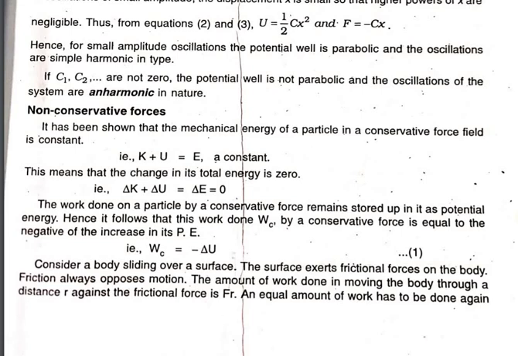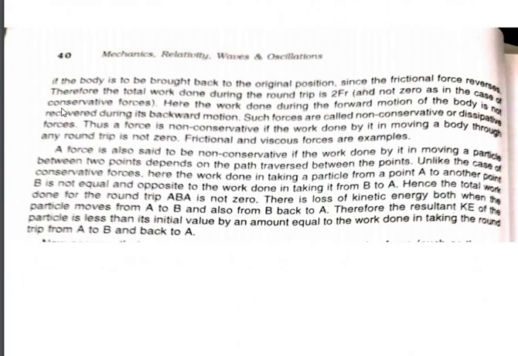In that case, an equal amount of work has to be done if the body is to be brought back to its original position, since the frictional force reverses. Therefore the total work done during the round trip is 2Fr. It is not equal to 0.